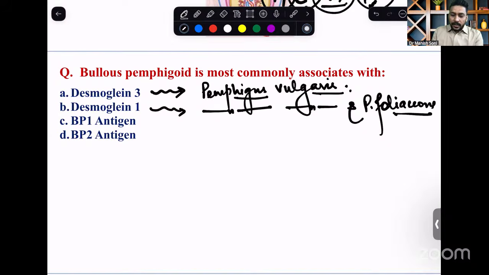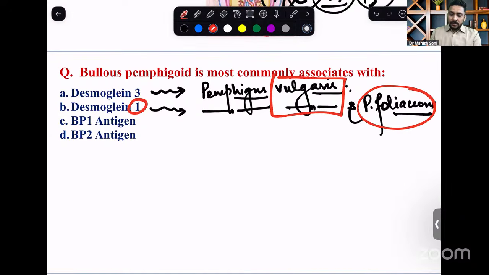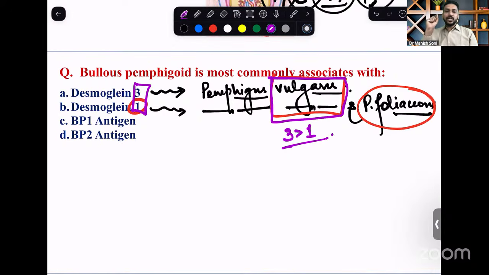So remember that in foliaceus, only desmoglein 1 is involved, while in vulgaris, both desmoglein 3 and 1 are involved. But if both are given in separate options, remember 3 more than 1. So 3 is involved in vulgaris, 1 is involved in foliaceus, but later on 1 also gets involved in vulgaris. So if both are given in separate options, you will choose 3 as the answer in vulgaris, while in foliaceus only desmoglein 1 is involved.